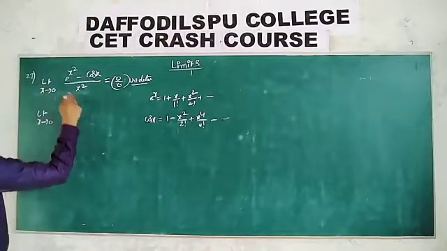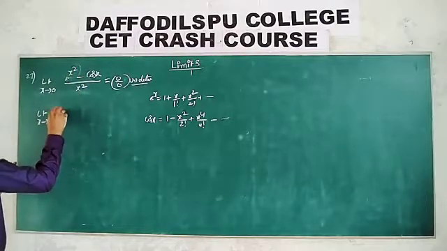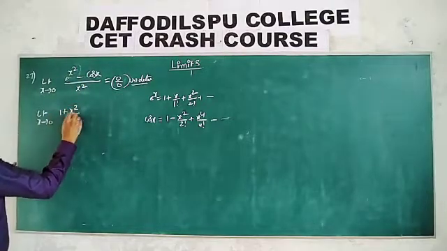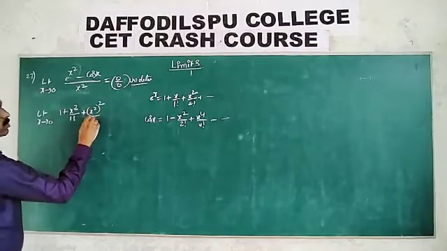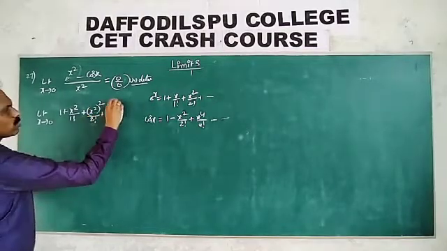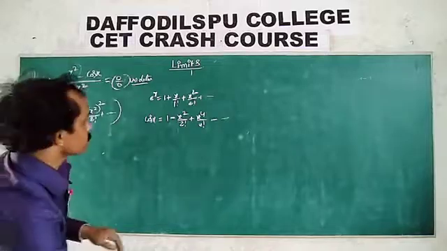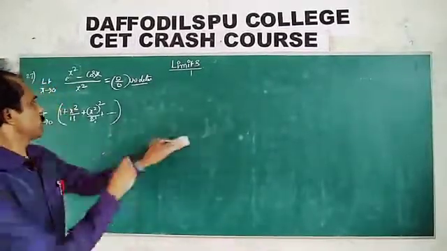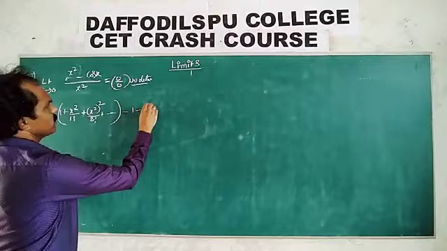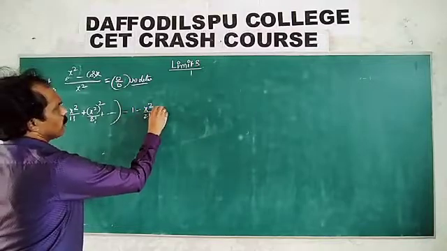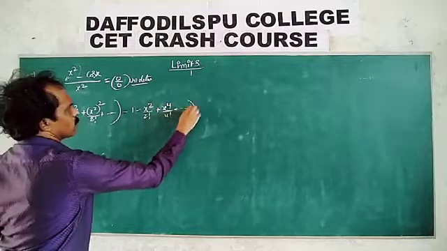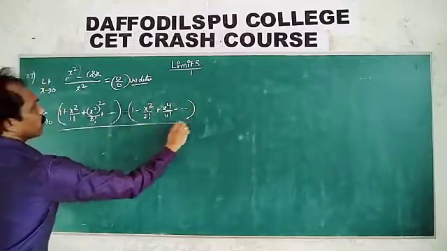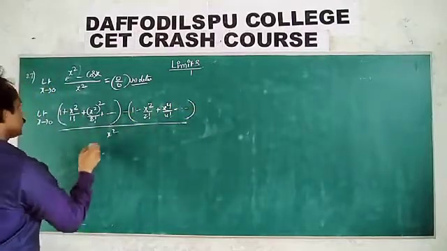That is therefore e power x square is there. 1 plus x square by 1 factorial, x square whole square by 2 factorial plus and so on. Okay. Substitute this way. Minus 1 minus x square by 2 factorial, x power 4 by 4 factorial minus and so on divided by x square.